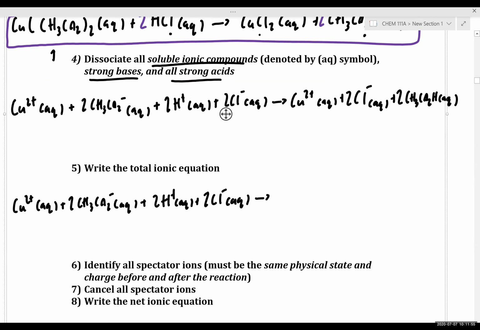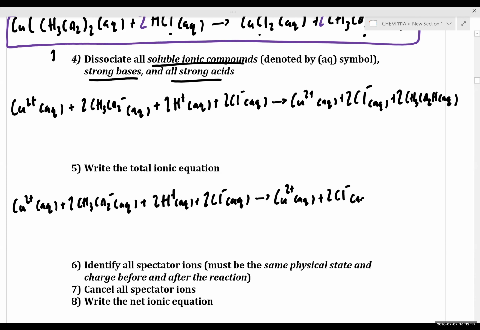Aqueous just means it dissolves in water. But remember in our discussion of strong, weak, and non-electrolytes, for acetic acid, as it's a weak acid, the major species in solution is primarily going to be molecular compound rather than ions.